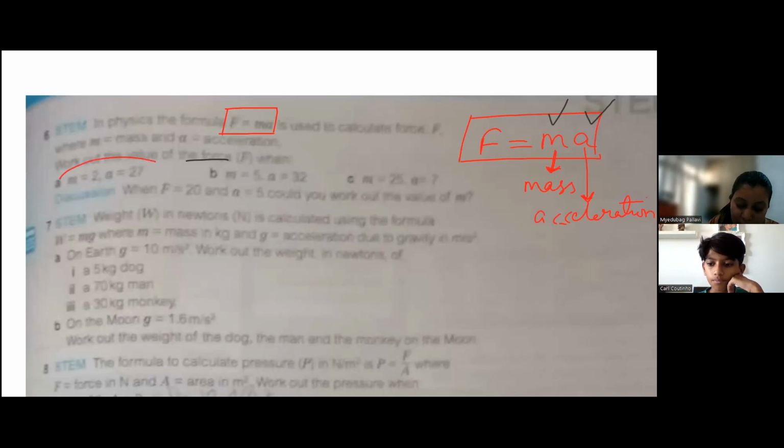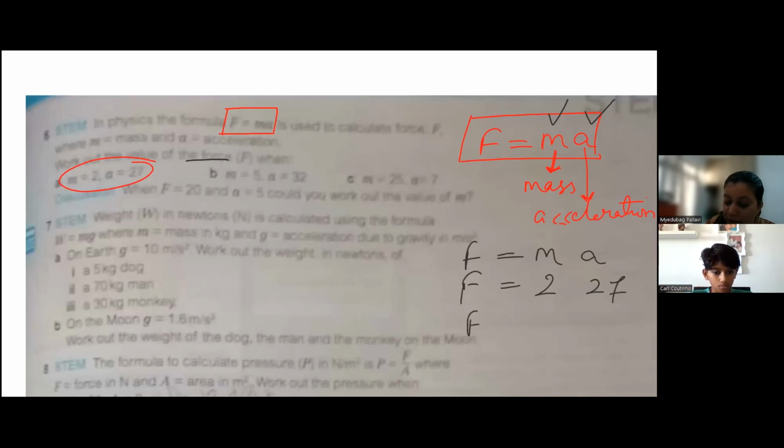First one, now we know that F is equal to ma. So if m is equal to 2 and a is equal to 27, what will be the value for F? Between 2 and 27, what sign will be there? Multiplication sign, because it is F is equal to ma. If there is no sign between two variables, that means they are in multiplication. So it will be 2 multiplied by 27.